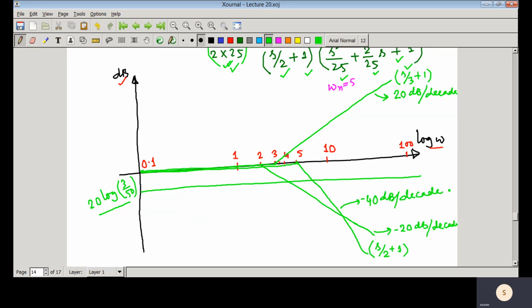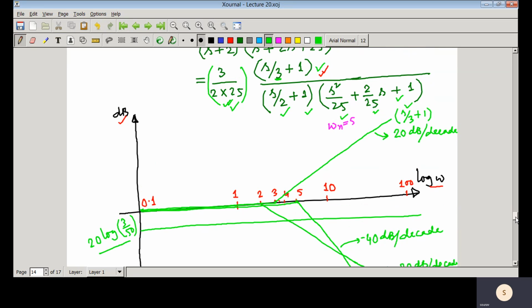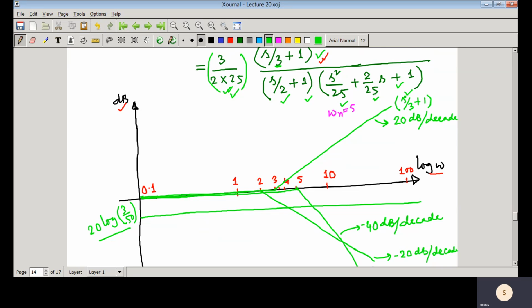So now we have drawn all the asymptotes for individual terms, and then we can see what would be the resultant.